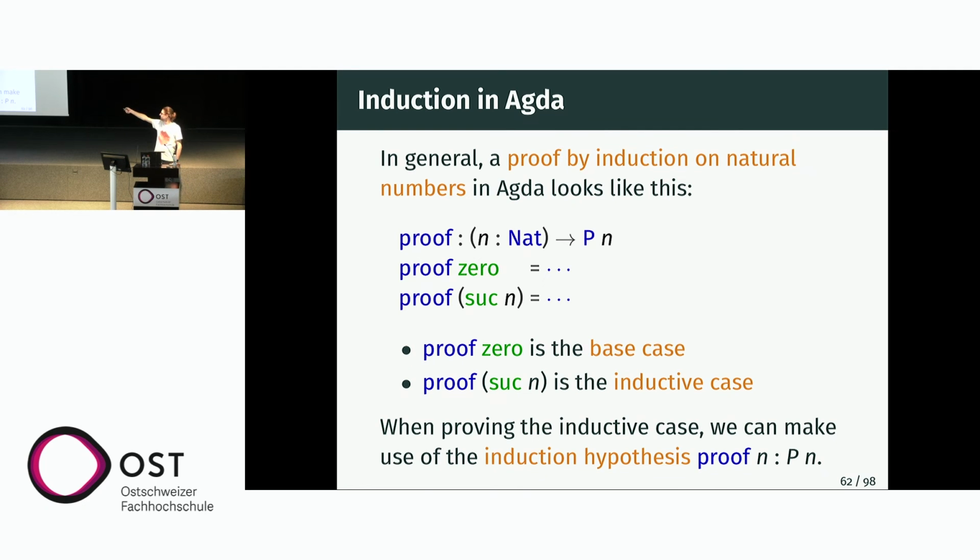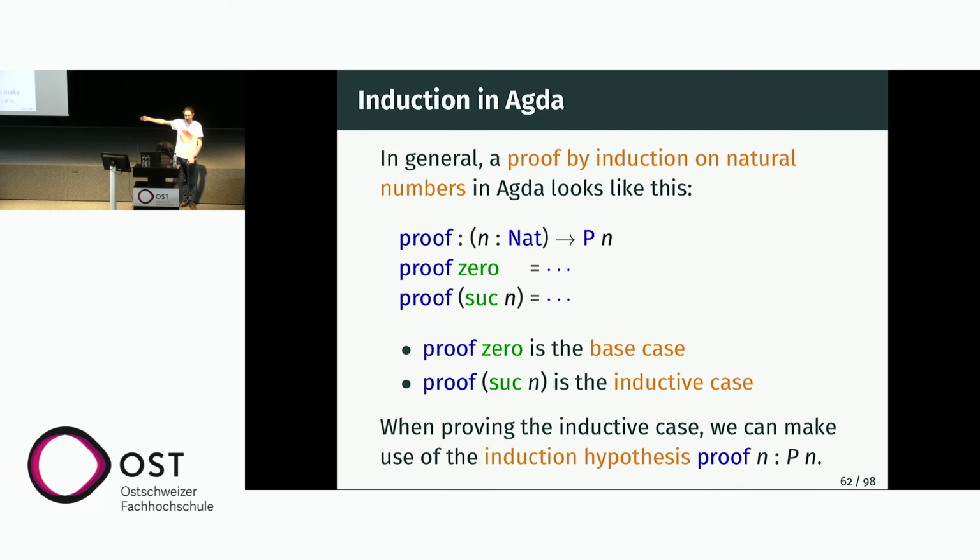We have to pattern match on the number and then give a proof for the zero case and a proof for the successor case. While constructing the proof for the successor case, we can use the fact that it's already proven for n by making a recursive call.